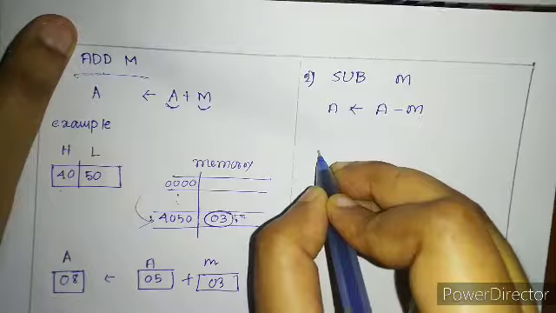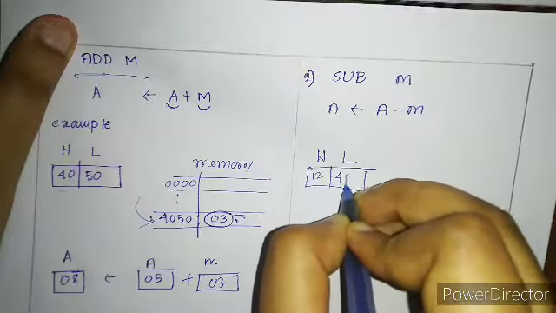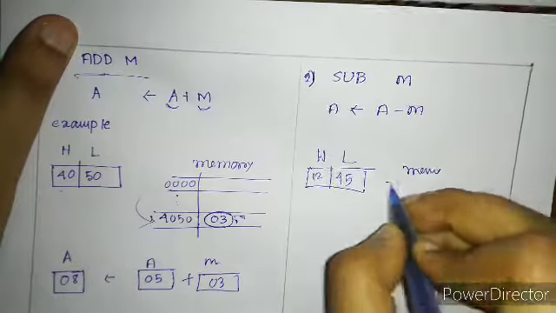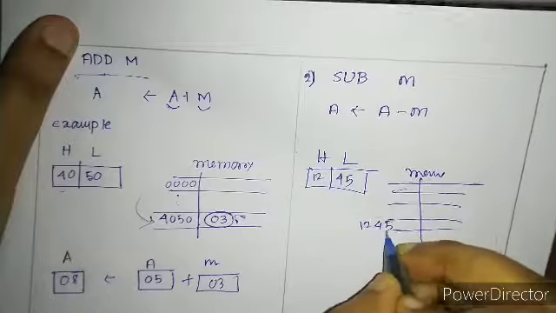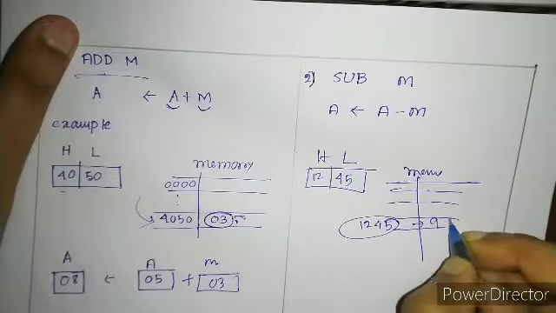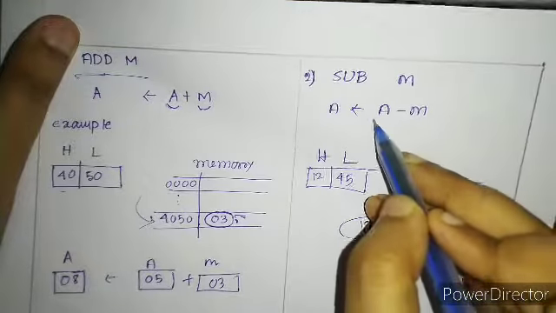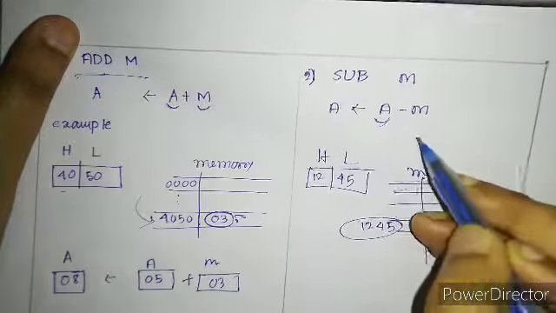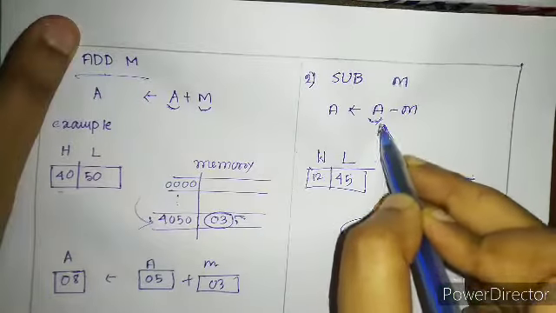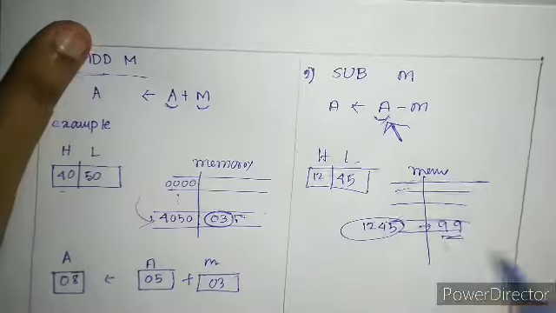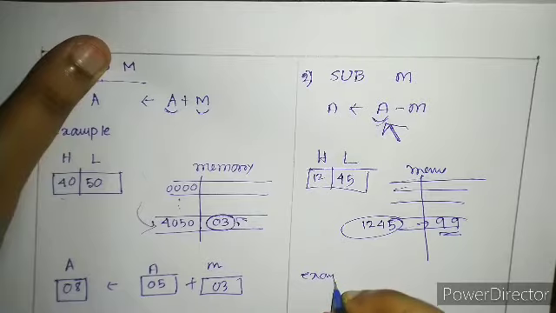First, check the HL pair, find the address there, go to the memory location, find the data there, and now subtract that value from the value stored in A. Let us take an example.